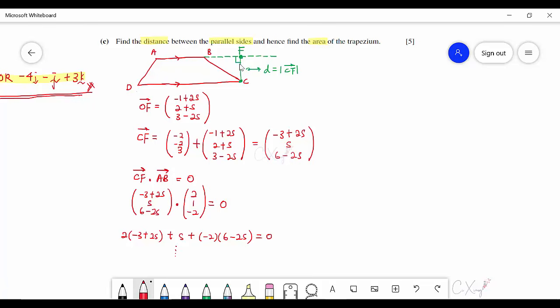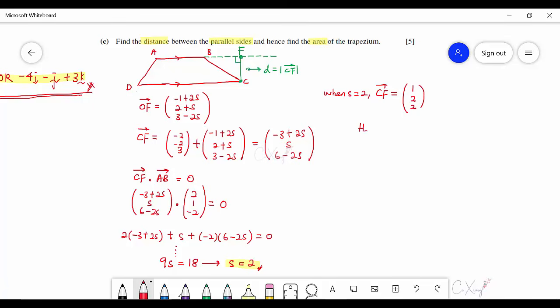Try to further simplify it, and eventually you should get 9s equals 18, and therefore s equals 2. This value s equals 2 is important because you can substitute it into CF. When s equals 2, the vector you get for CF should be 1, 2, and 2.